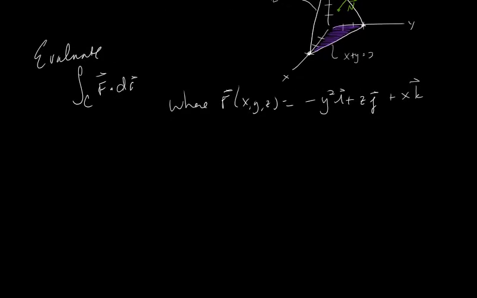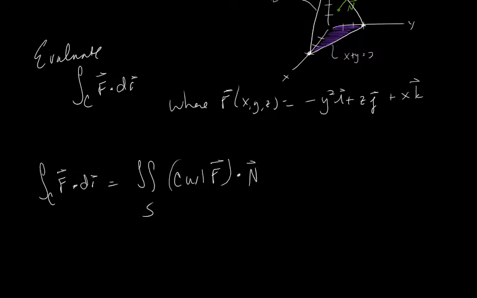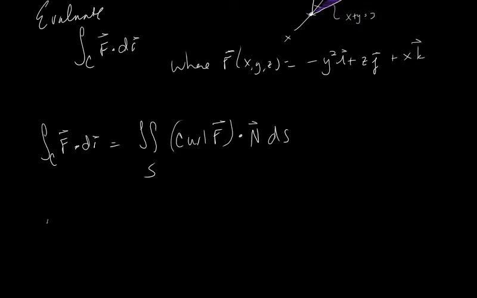According to Stokes' theorem, this line integral is equal to the integral over the surface of the curl of F dotted with the normal vector dS. We're first going to have to find the curl, then find that normal vector. So the curl of F is the determinant of i, j, k, partial with respect to x, partial with respect to y, partial with respect to z, of M, N, and P.